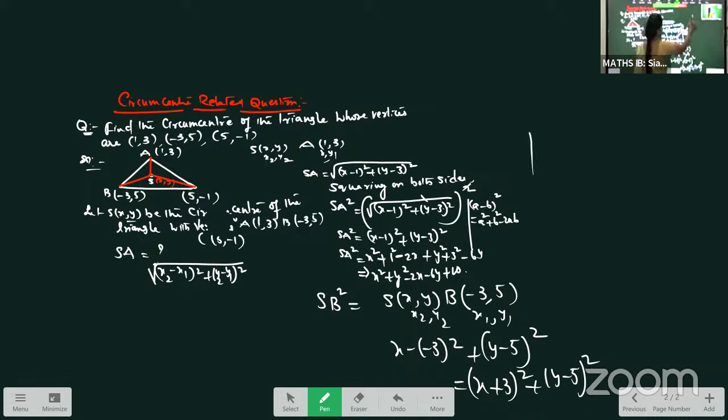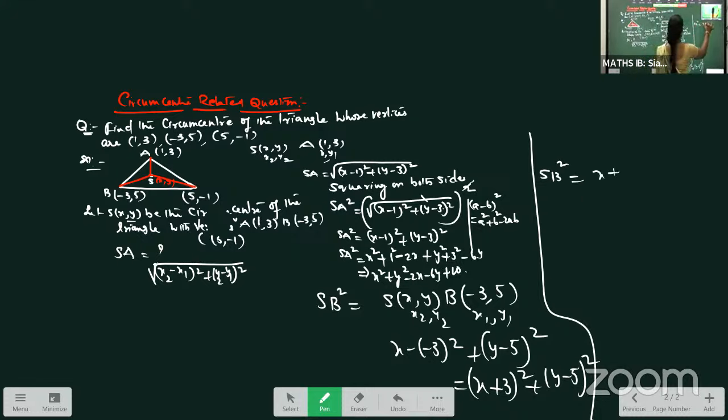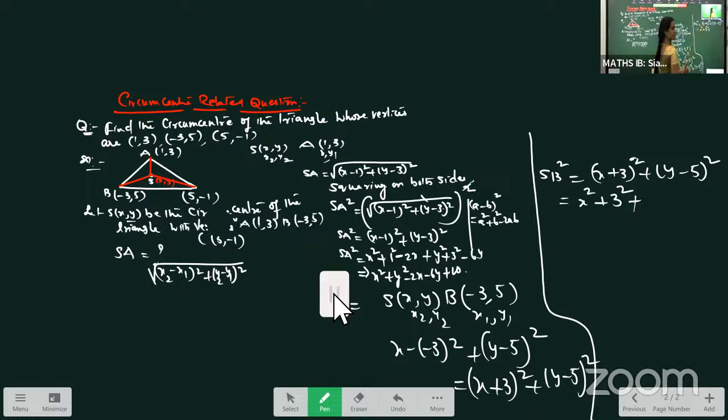Now expand this SB². SB² is equal to (x + 3)² + (y − 5)². Again, apply the (a + b)² formula here. This is a² means x², plus b², that is 3², plus 2ab. I told you to multiply like this: 2 times 3 is 6, 6 into x, 6x. And plus y² plus b², that is 5², minus 2ab.